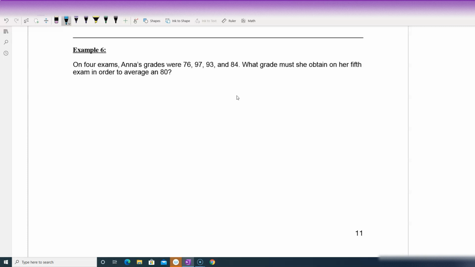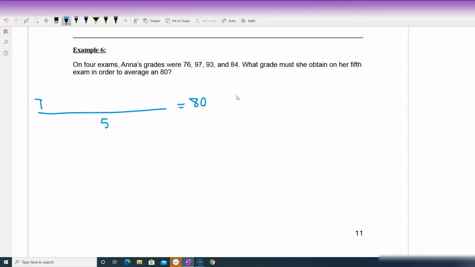So what we have to do is, since we have a total of 5 exams, I should add all these exams on top and divide by 5. The rule for finding averages is adding all numbers and dividing by how many numbers we have. So the average is 80.